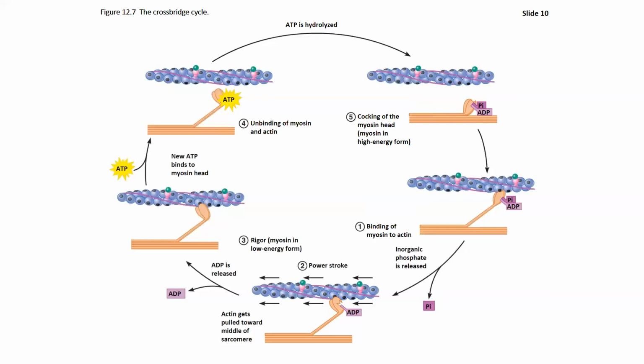And again, this process is heavily dependent on the presence or absence of calcium. If there's calcium in the cytoplasm, we're going to have the uncovering of these myosin binding sites. These black dots are the myosin binding sites. If there is no calcium, what's going to happen? What's going to happen if there's no calcium in the cytoplasm?